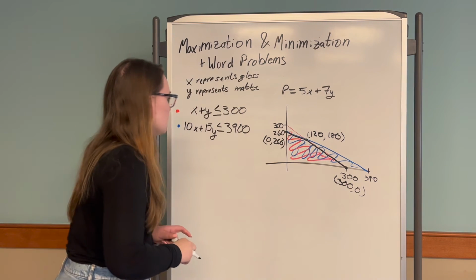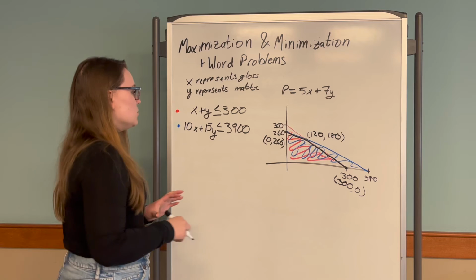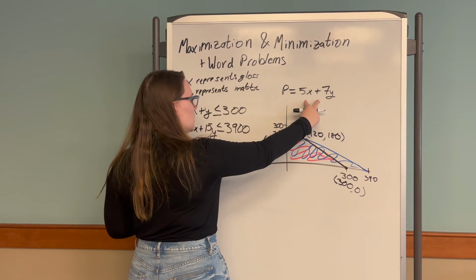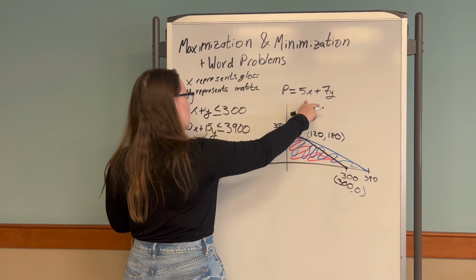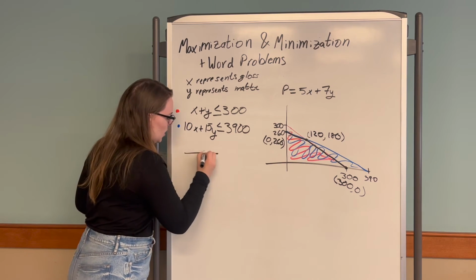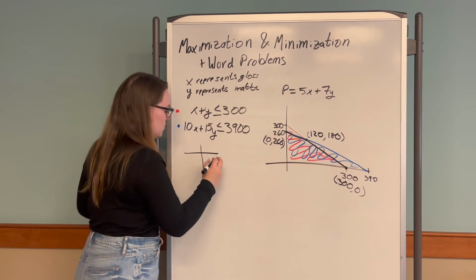So now that we have all of these points, we are going to plug them into our profit equation and choose the one that produces the highest profit. Then we can write it out as a table.